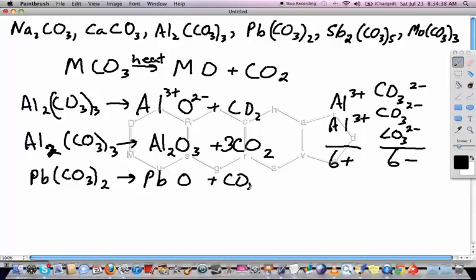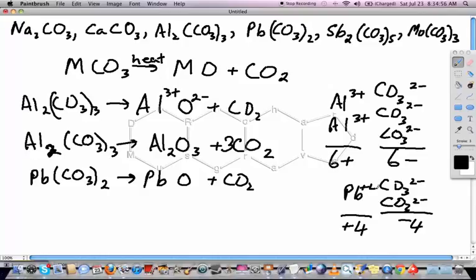Same pattern. Now we need to figure out the charge on the lead. It's going to be Pb, and we've got CO3 and CO3, that's -2 and -2. So it's going to be -4, which means that the charge on the lead must be +4. So we've got 4 plus over here and 2 minus here.